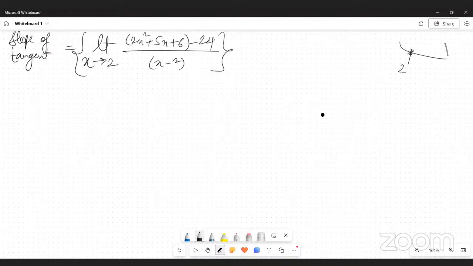I'm just trying to bring it so close to 2 that when I connect these 2 points, the line joining them can be treated as a tangent. I know it is not the exact tangent, I still know that. But I'm bringing it so close that these 2 points can be regarded as a tangent. Hope you get it.